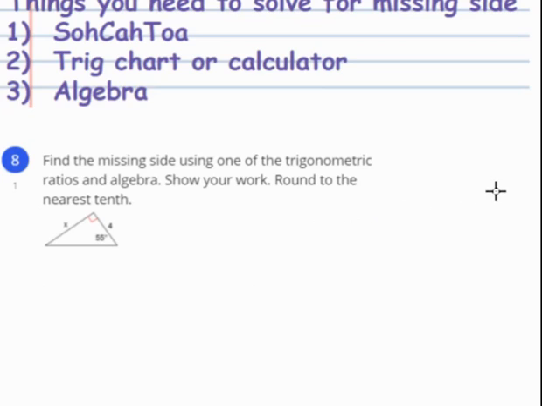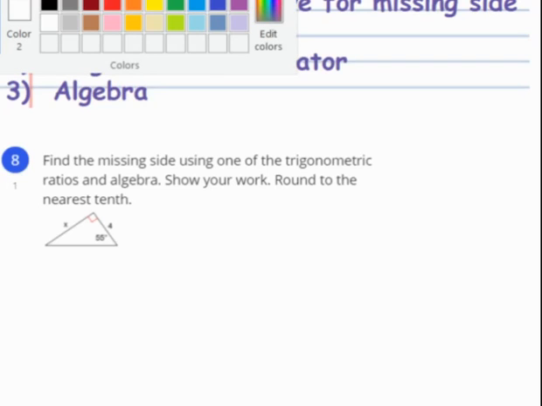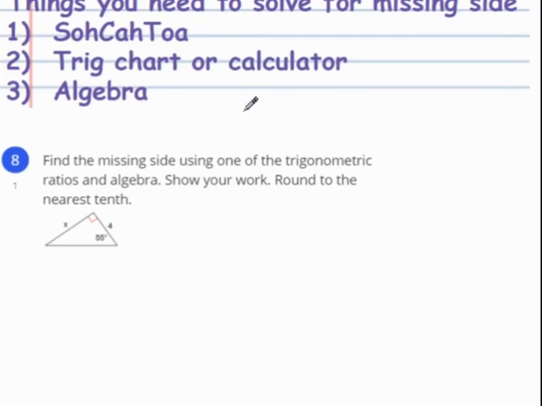Find the missing side using one of the trig ratios. So that means, and let's get our pencil locked and loaded, we want Soh, Cah, or Toa. All right, find the missing side.